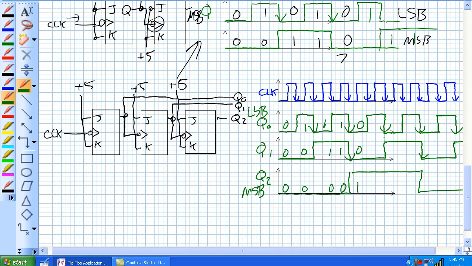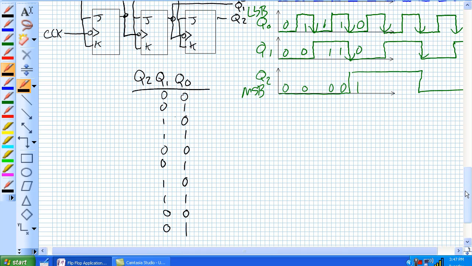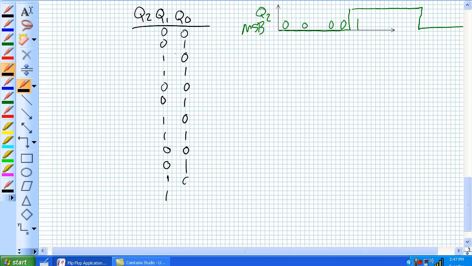So what you see, this is progression. So now if we were to read this from LSB to MSB, Q0, Q1, Q2, what you get is this interesting phenomenon. 0, 1, 0, 1, 0, 1, 0, 1, 0, 1, 0, 0, 1, 1, 0, 0, 1, 1, 0, 0, and to continue this out, 1, 1, 0, 1.